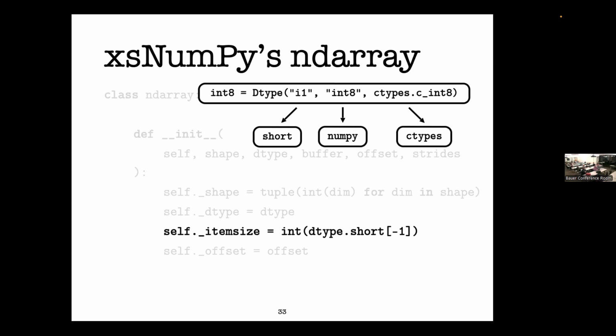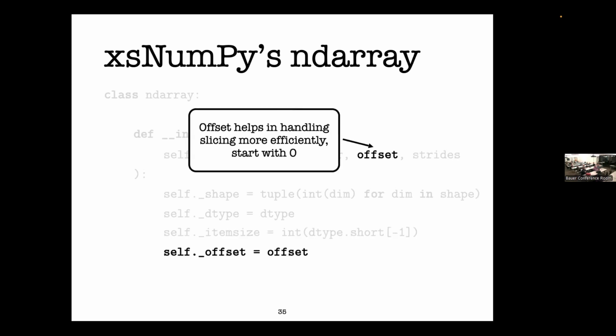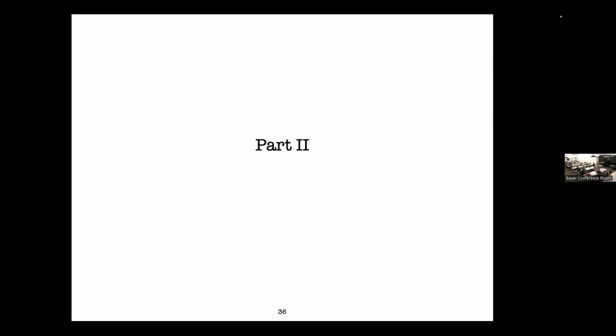I'm giving the name as short, NumPy, and C type, because that's what NumPy does in the original source code, though they call it something else for the NumPy one, so I couldn't figure that out. The item size is how big the item is. If you see I1, it just takes 1 byte. Then offset is just for moving things along, and we start with 0 because right now we don't have anything in our memory.